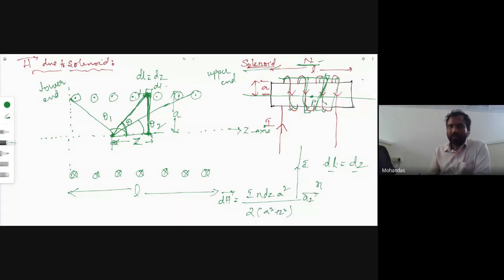In the direction of az. Now see here, in this problem I am going to replace dz with these triangular formulas.